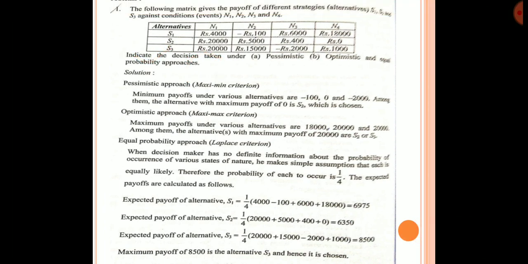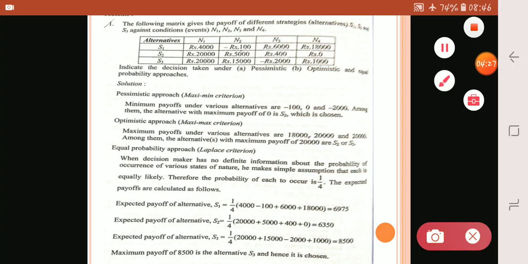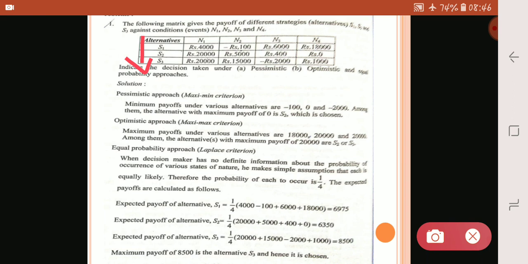Then the Laplace criterion, or equal probability approach. Here we consider the alternatives and the 4 events. Sometimes there might be 2 events, or 3 events, or 5 events; it depends. Here the 4 events have to be taken into consideration.